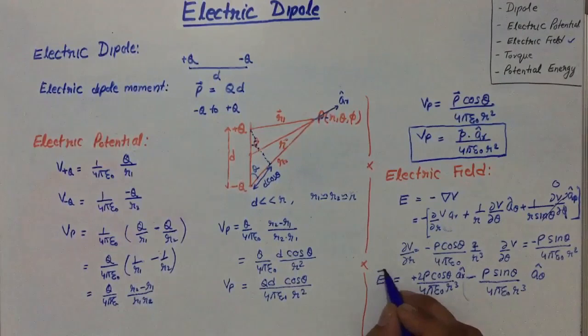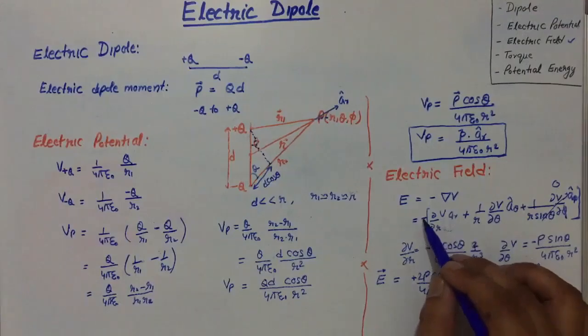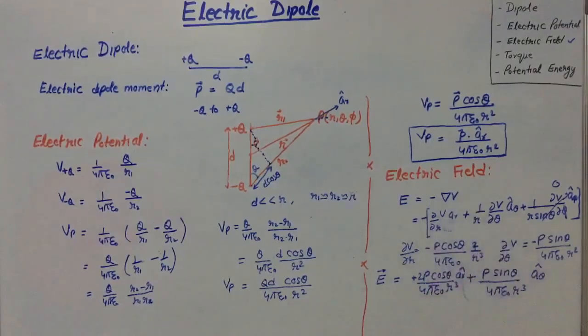This is the electric field. So we can say the electric field is 2p cos theta by 4 pi epsilon naught r cube in the direction of a_r minus p sin theta divided by 4 pi epsilon naught r cube. Okay, if this is minus and we put here, then this minus multiplied with this should be plus. So this is the final term. The electric field will be like this.